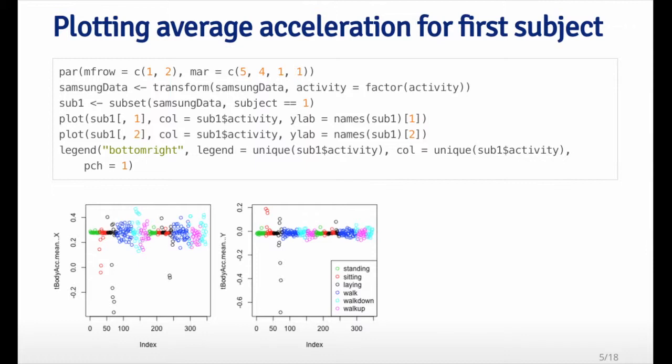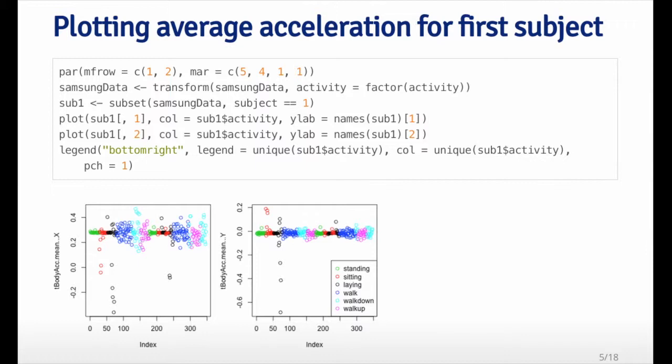I've color coded each of the activities. You can see, for example, on the left-hand plot that there's green, red, black, and blue, all for different activities. But part of the problem with the left-hand plot is you can't tell which activity is which. So on the right-hand plot, I added a legend using the legend function, so you can figure out which activities correspond to which color.